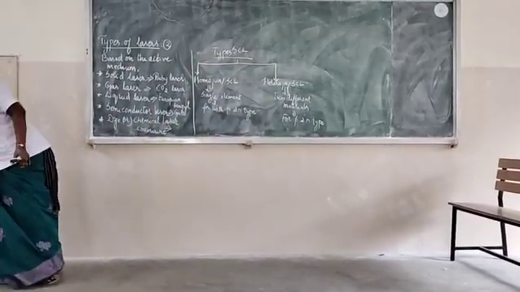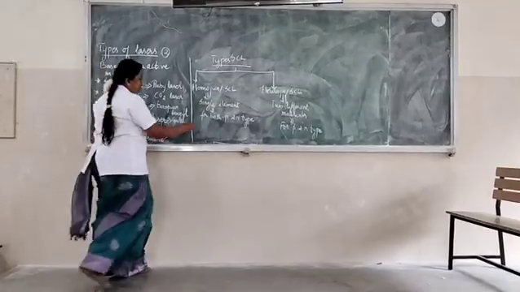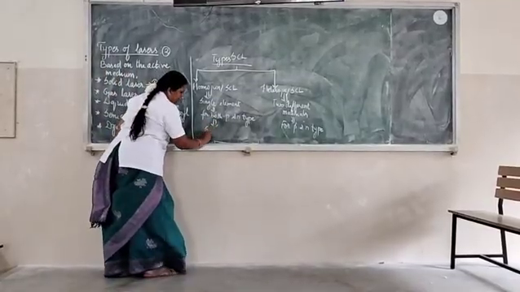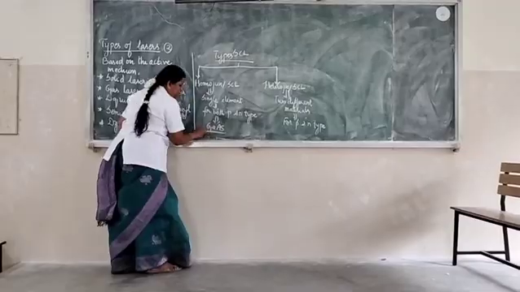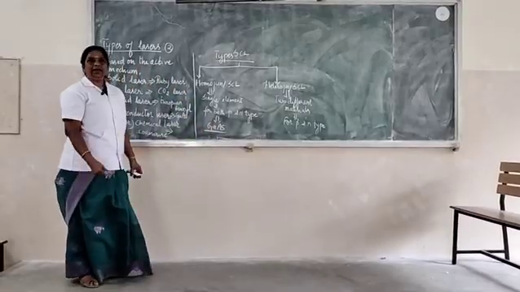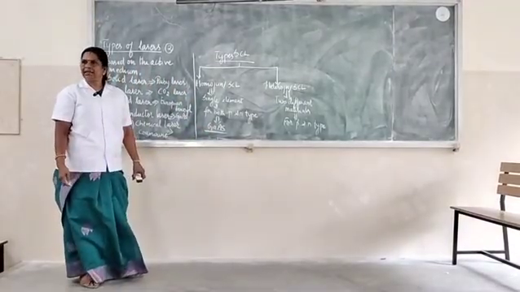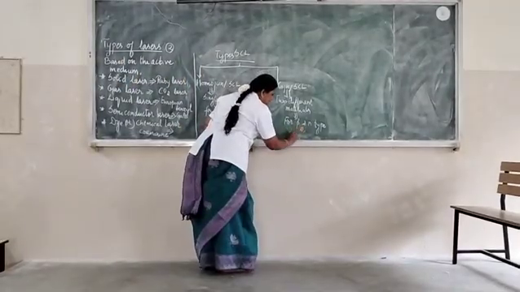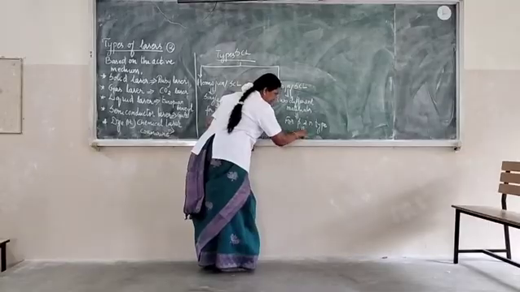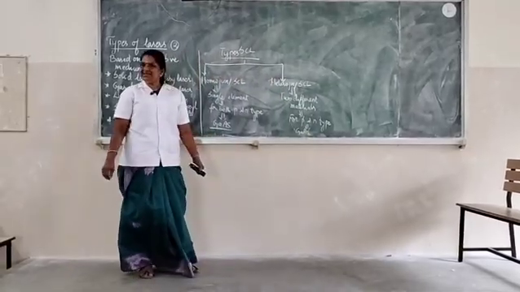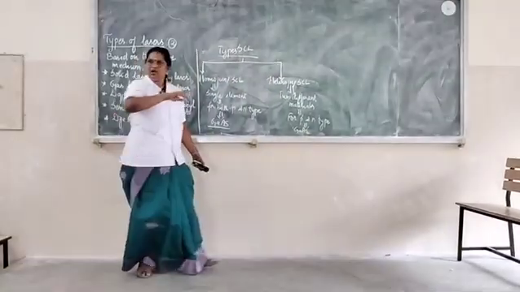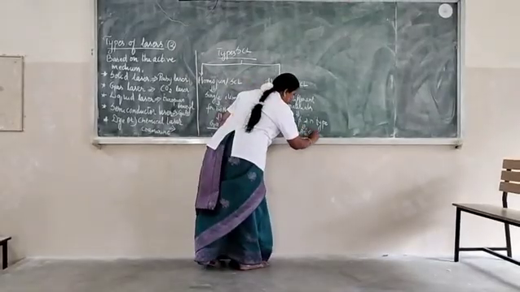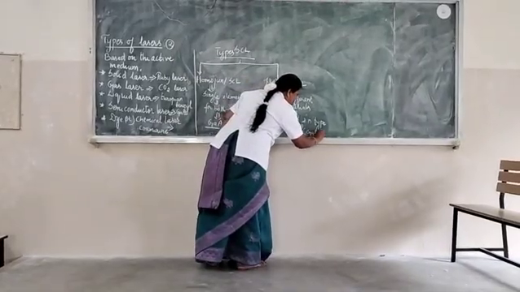For homojunction, a semiconductor made up of a single element is gallium arsenide. For heterojunction, if the P region is made up of gallium arsenide, the N region should be made up of gallium aluminum arsenide.